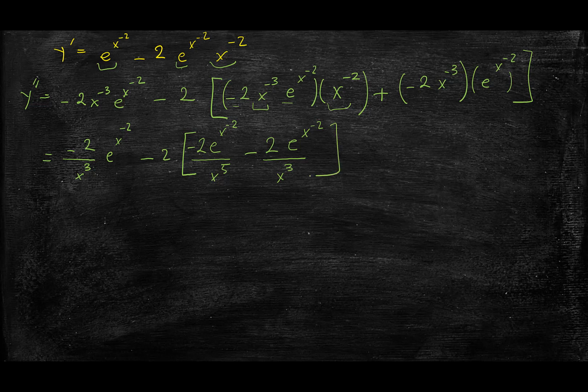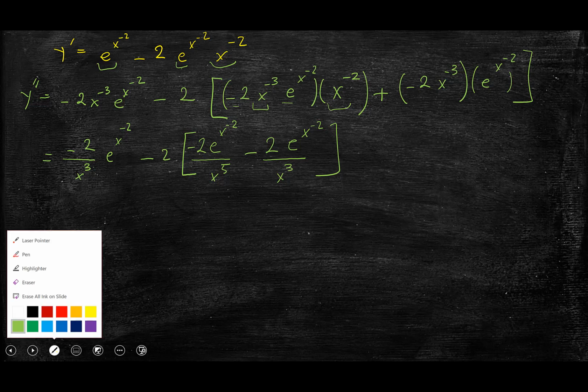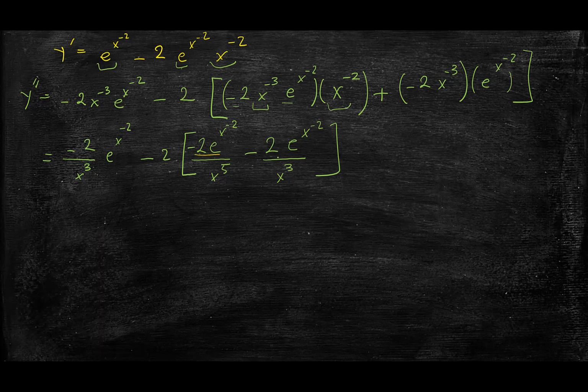Now it's very easy to see that from the second bracket, I actually have 2 things that I can take out. So these 2 are in common. Therefore, I'm just going to write everything else here. I can take out the negative 2, so the negative 2 times this negative 2 here would be a positive 4. I can also take out the e to the x minus 2, and I can also take out an x cube here, right?